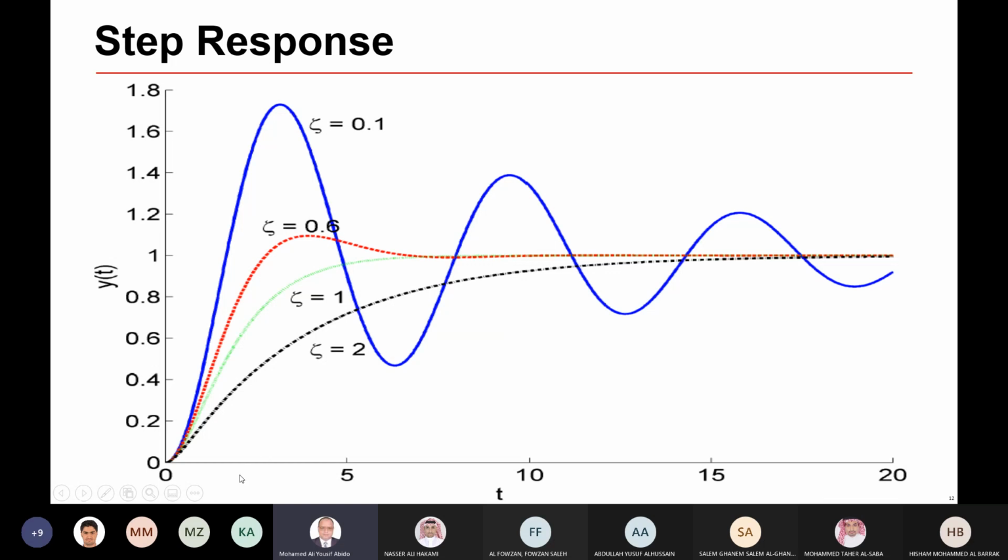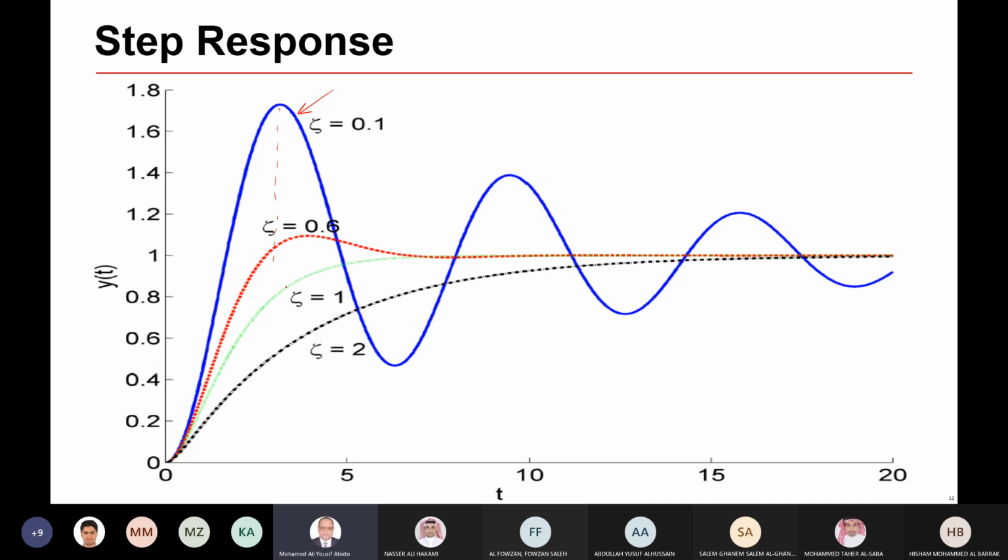This also gives you how zeta will affect the response. If zeta is lower and lower, then the oscillation is higher and higher, or the maximum overshoot is higher. So as you increase zeta, as you increase the damping, the overshoot or undershoot or the deviation will be much less.